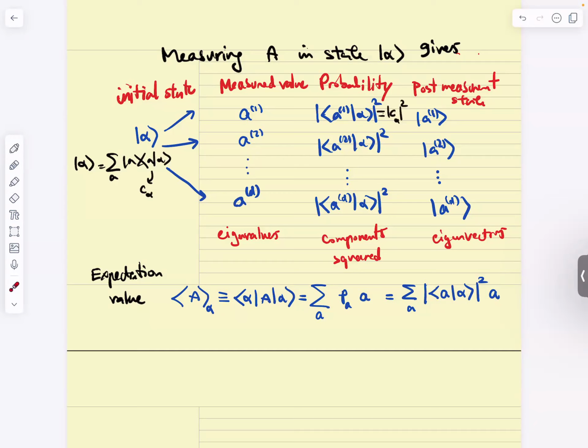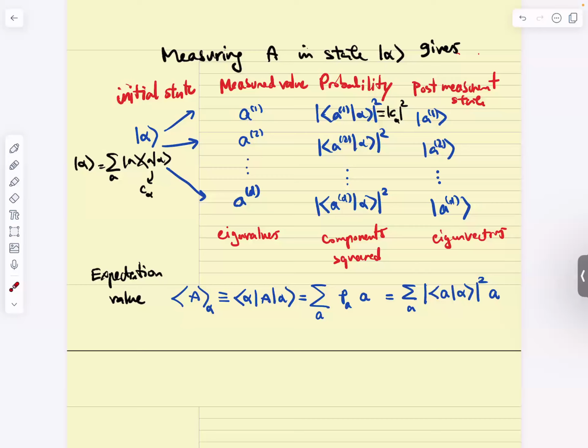So the component of the initial vector in the direction of the post-measurement outcome, the norm of it, is the probability of obtaining that result in the measurement. The measurement process in quantum mechanics is described probabilistically.